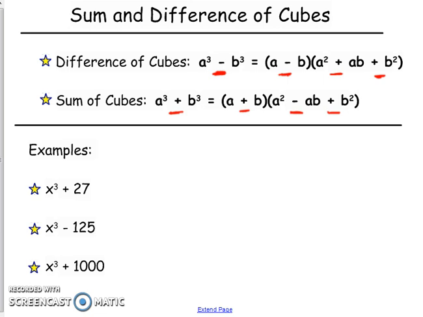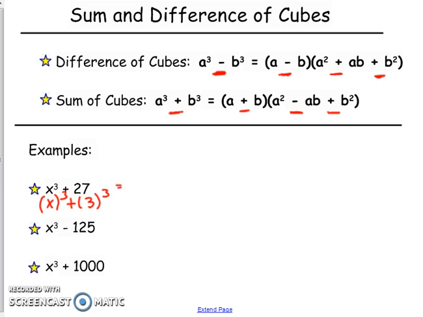So for each one, what we're trying to do is take the cubed root of each. So if I take x cubed, the cubed root of x cubed is x. So I'm going to rewrite that as x cubed. And 27 is the same thing as 3 cubed. So the x and the 3 are going to be like our a and our b in here. So I'm using the sum of cubes since it's x cubed plus 27.